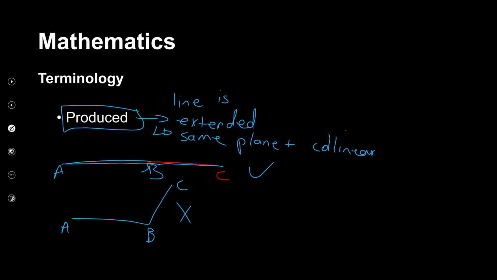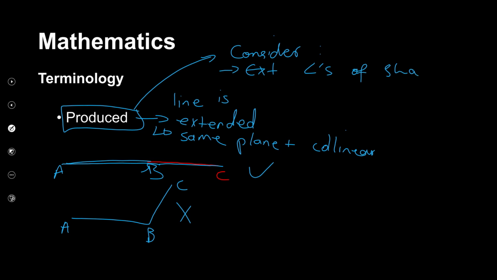Let's see if I can apply this somewhere. But before I do that, I want to point out one more thing: when we introduce produced, you can now consider exterior angles of shapes.